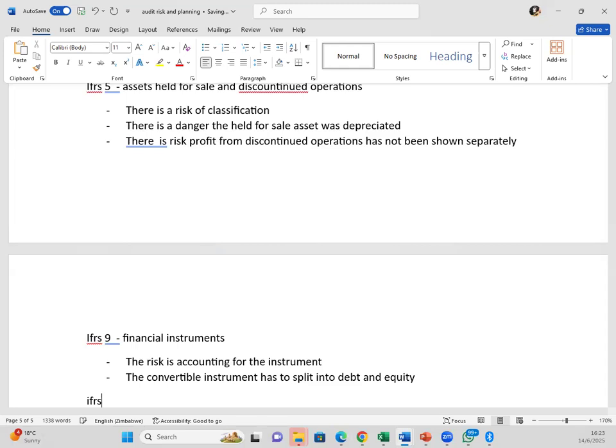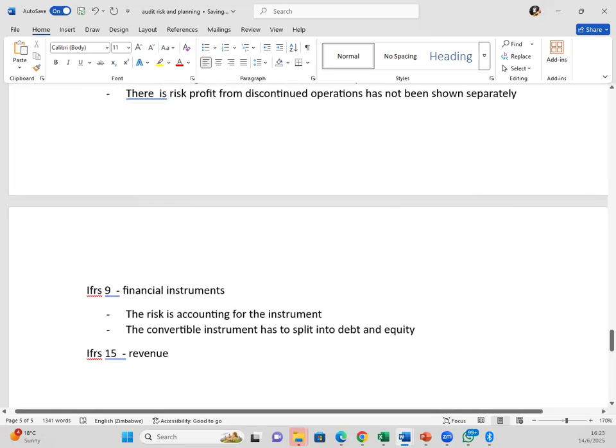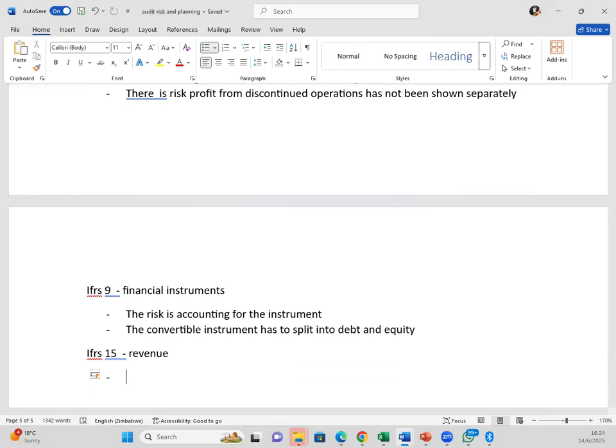IFRS 15. This one is a key one, revenue, accounting for revenue. So this is an area which is prone to risk. There are high chances that revenue of the business may be misstated because the directors know if they overstate revenue, they can overstate profit.